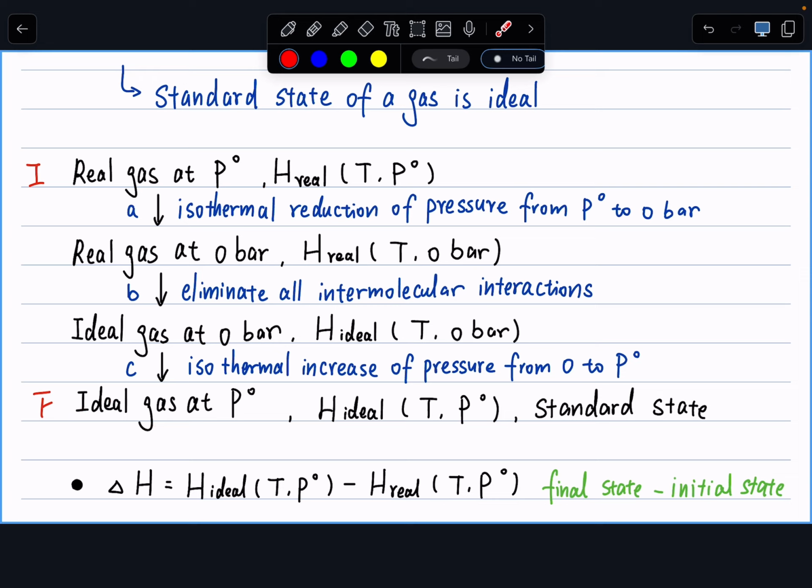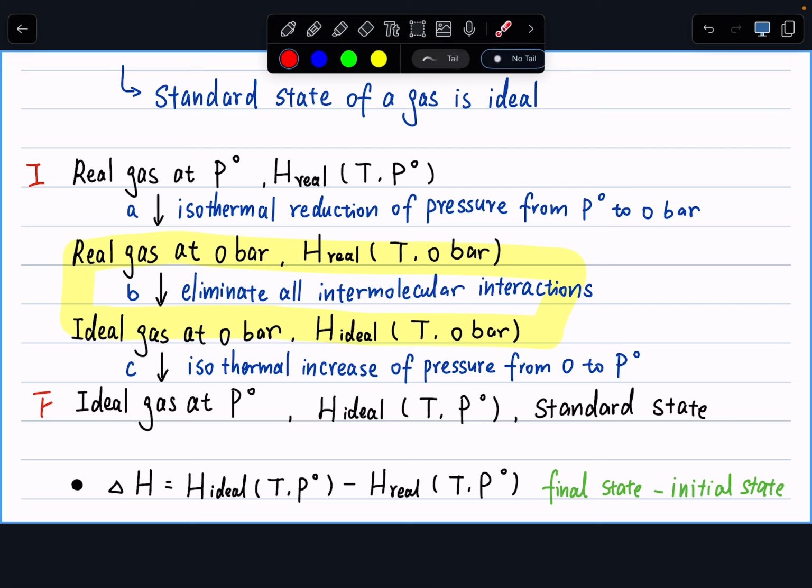So the most important hypothesis we're making here is if we reduce the real gas to 0 bar, then at 0 bar, because there's no pressure, your gas molecules are not interacting with each other. Or the other way to put it is it's reasonable to assume that all intermolecular interactions are eliminated at 0 bar. All right, so then we build the path accordingly.